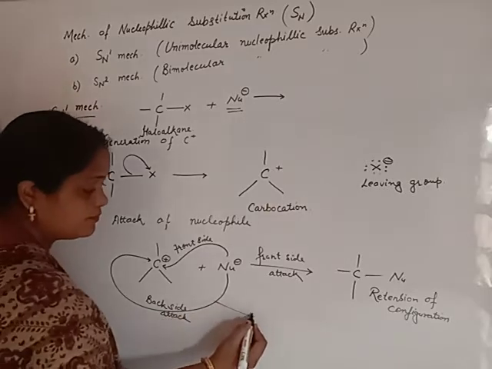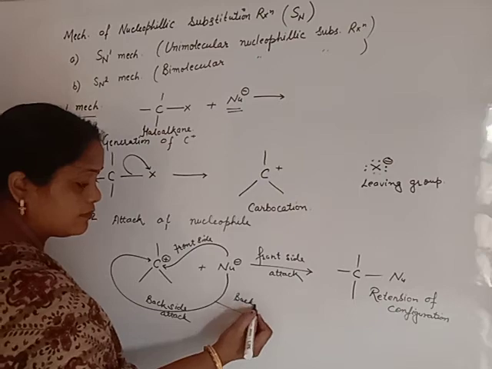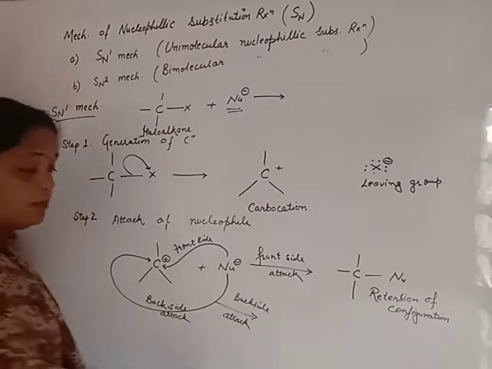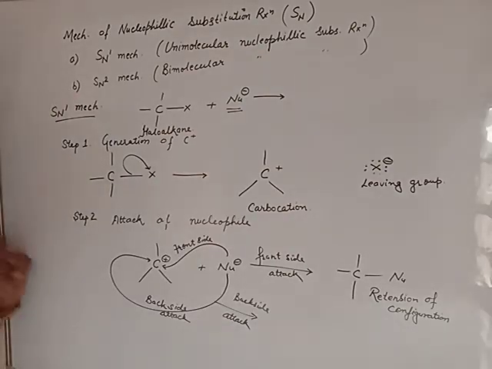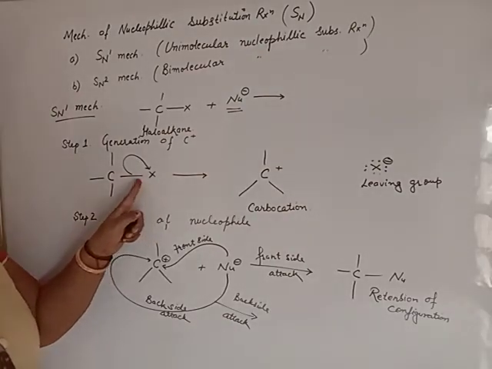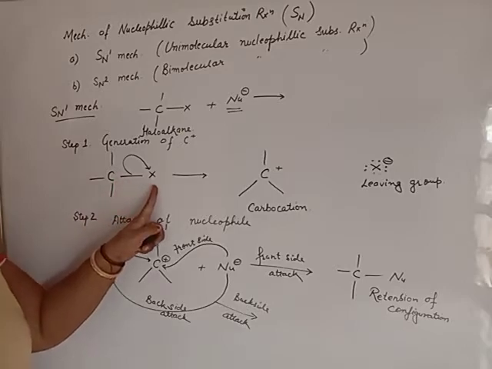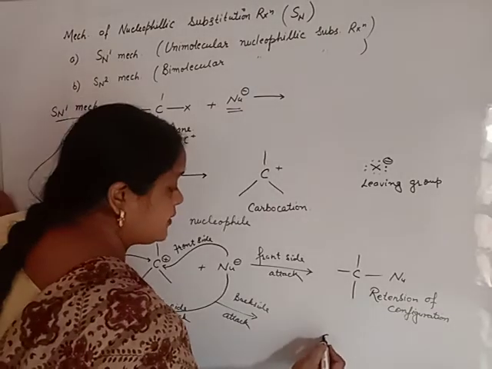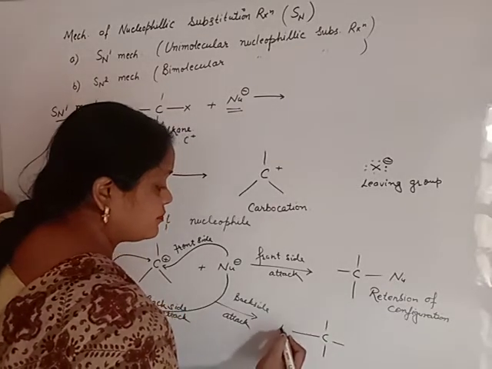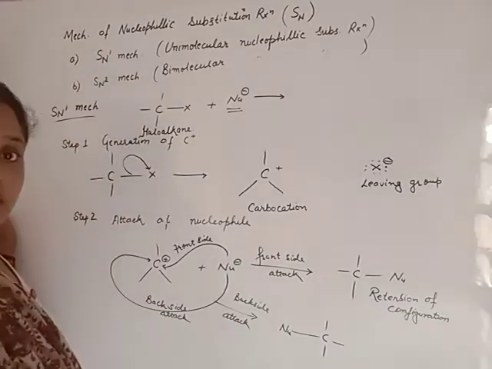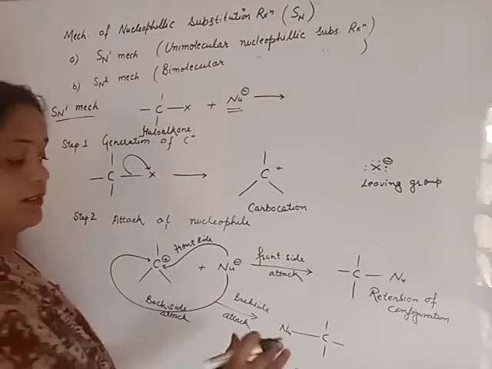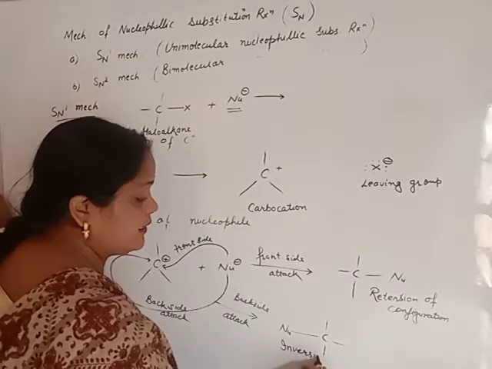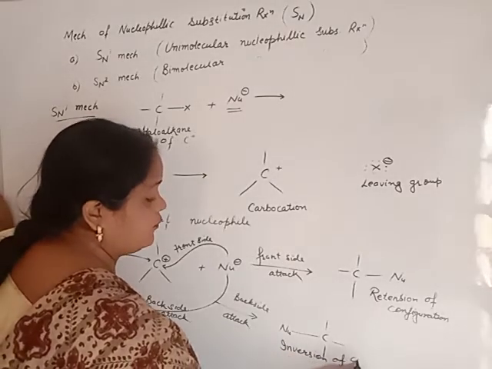After backside attack, it will form opposite geometry, because the leaving group left from the right side and nucleophile attacks on the left side, just like this. Geometry will be totally opposite, that is inversion of configuration.